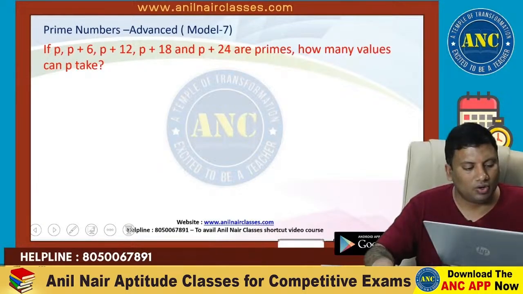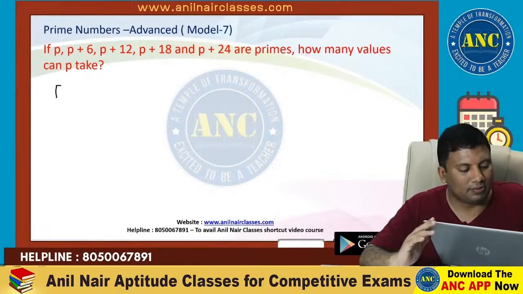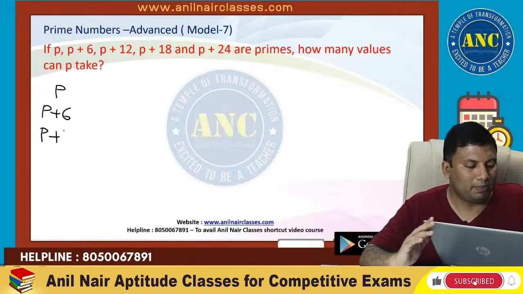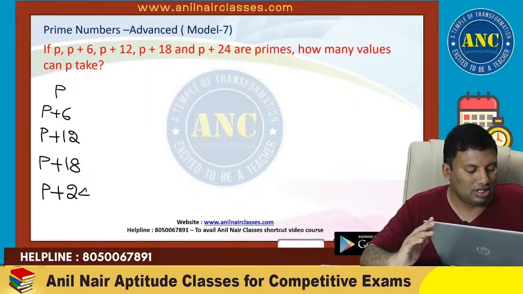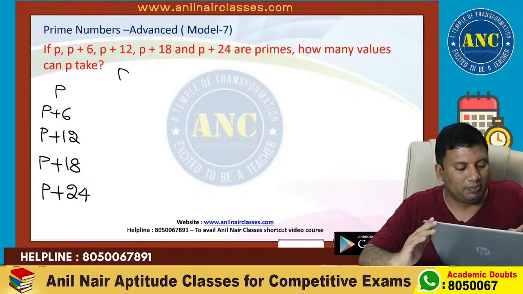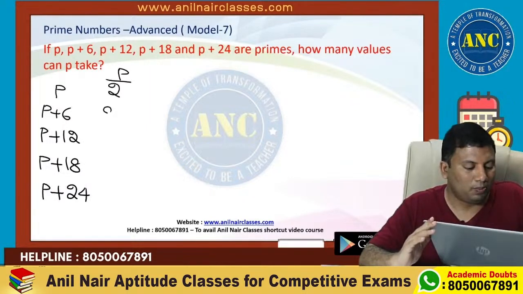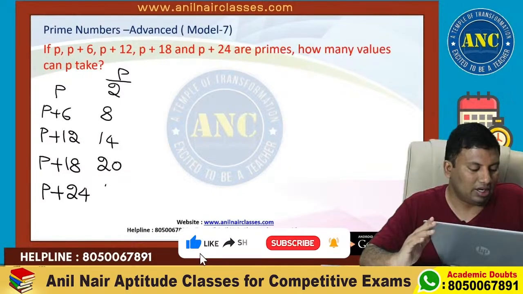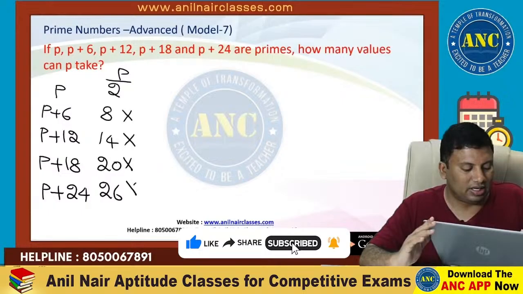Now it is P, P plus 6, P plus 12, P plus 18 and P plus 24. All these are prime numbers. If P is 2: 2 plus 6, 8, 14 and 26.